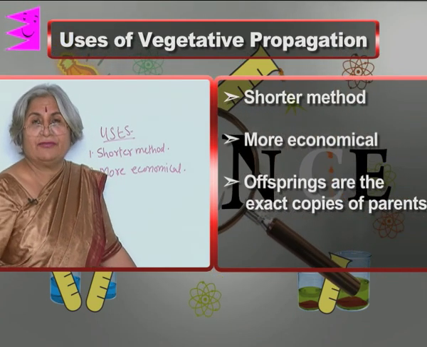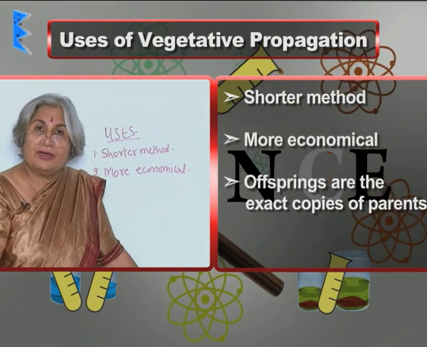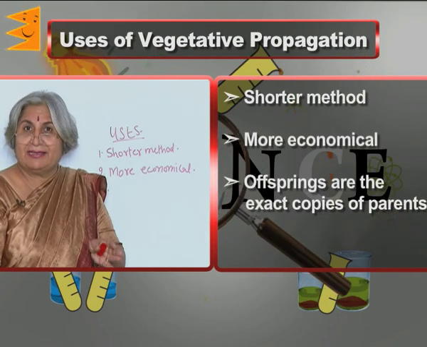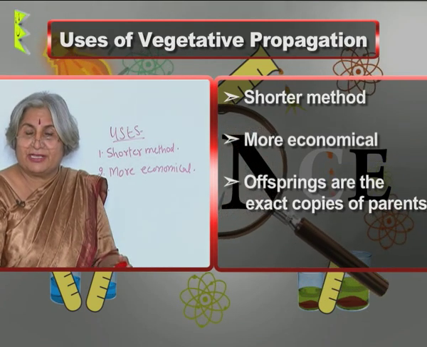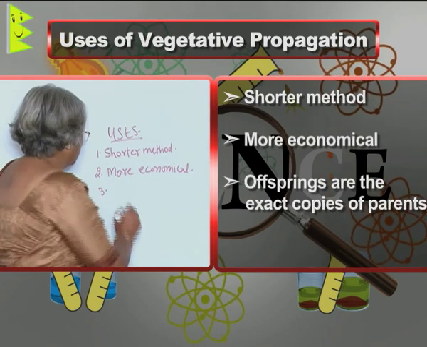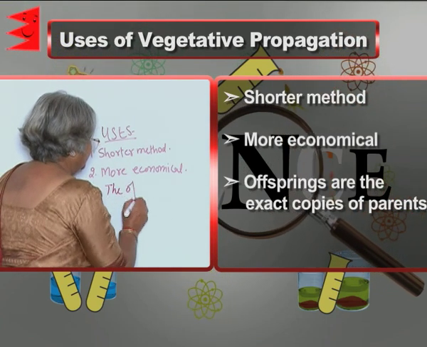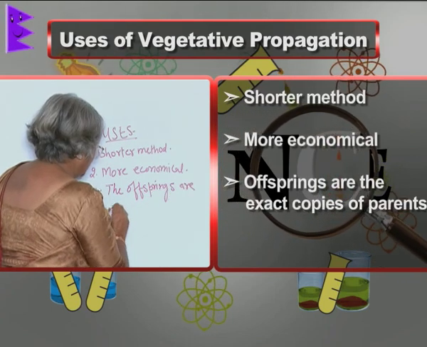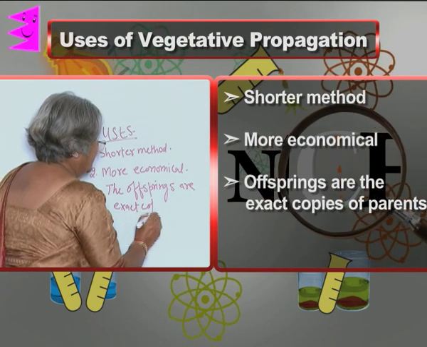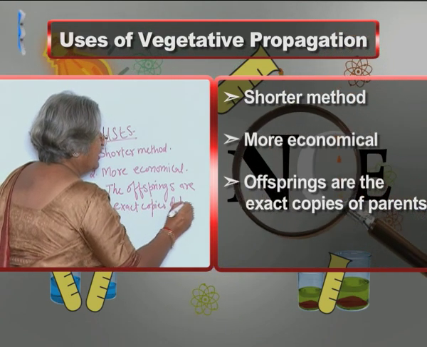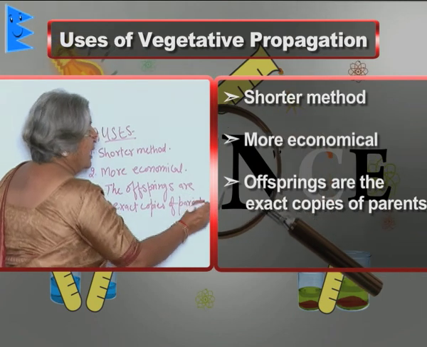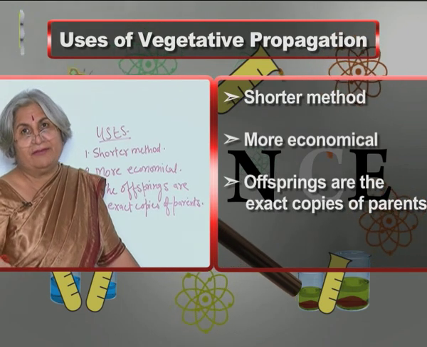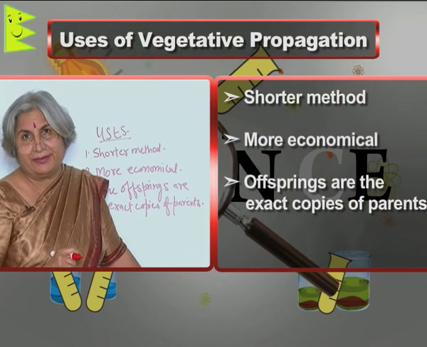But in the case of asexual reproduction, because only one parent is involved and there are no steps like those in sexual reproduction that bring about changes, the offspring are exact copies of the parent. So, if we want some flowering or fruit giving plant and we want to have the same variety as the parent, then obviously vegetative propagation is a better method.